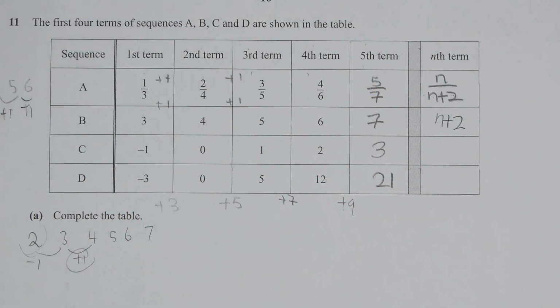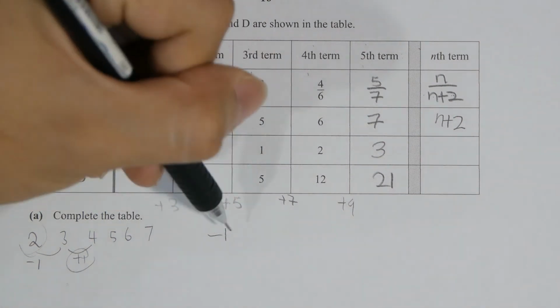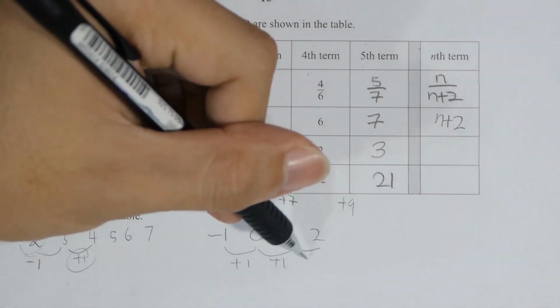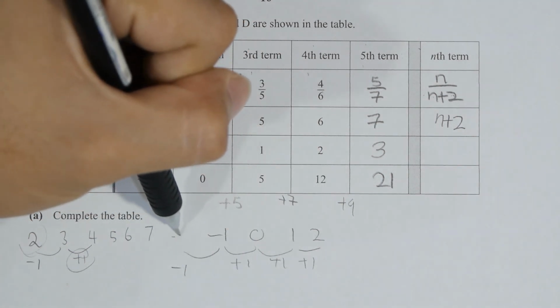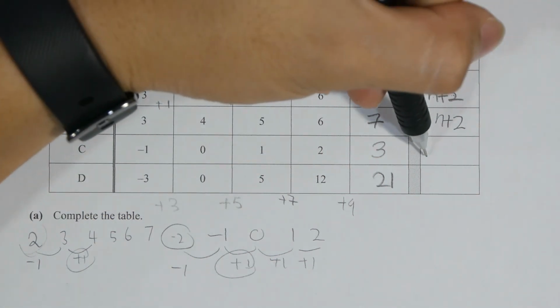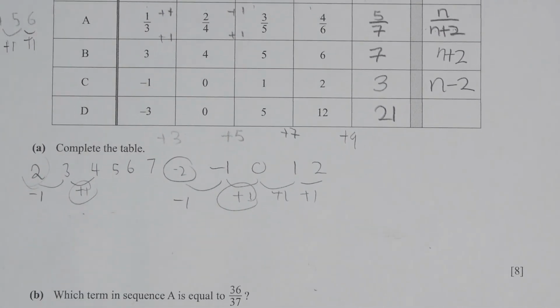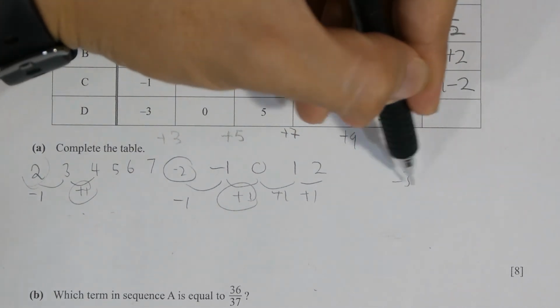Whereby for C, so -1, 0, 1, 2. So the term by term difference here is actually plus 1 as well. So for the fifth term it will be 3, and from -1 we minus another 1, then we get -2. So 1n minus 2 equals n minus 2.